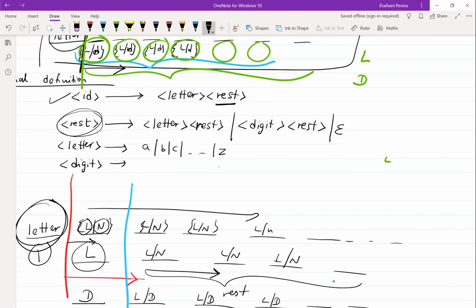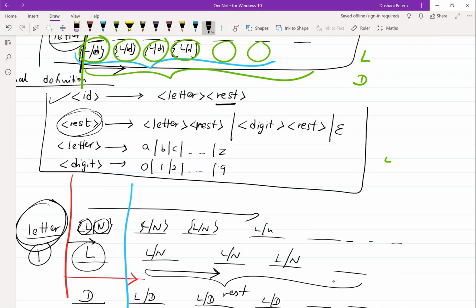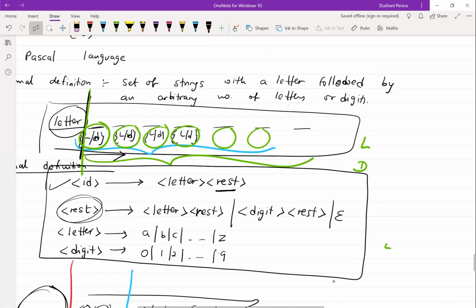A digit could be either 0, 1, 2, so on up until 9. Okay, so this is a formal definition of the grammar, given the informal definition that we gave for the grammar of Pascal language. Got it? So this is an example definition of a formal grammar that we did. I hope you understood that.